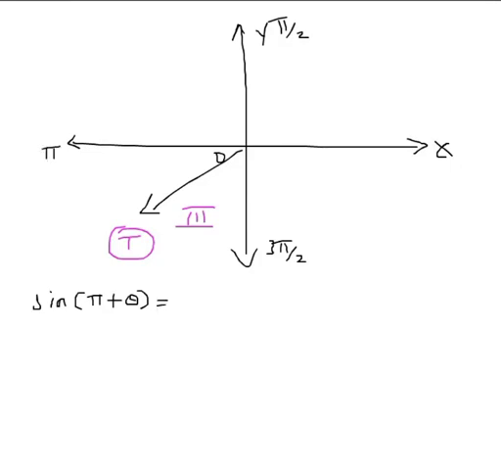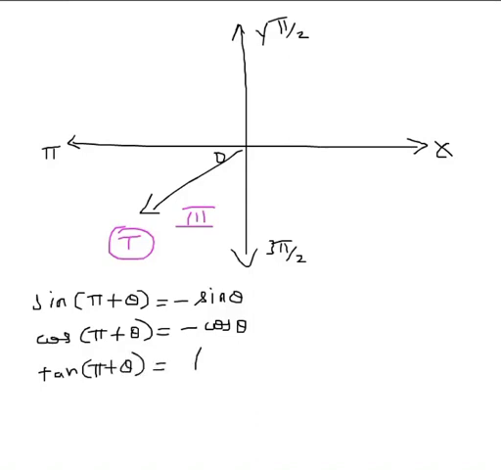Pi plus theta is in the third quadrant. Sine in the third quadrant is negative. Because of pi we don't change the ratio. Pi plus theta, cos is negative. Don't change the ratio. Cos will be cos. Tan in the third quadrant is positive, tan theta.